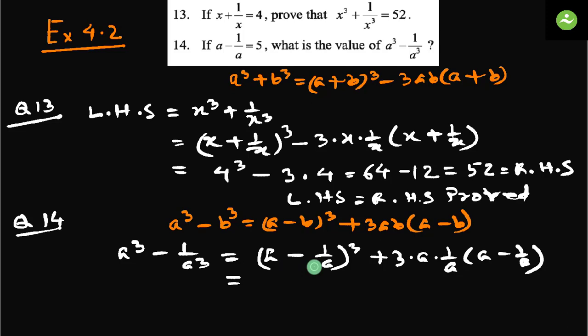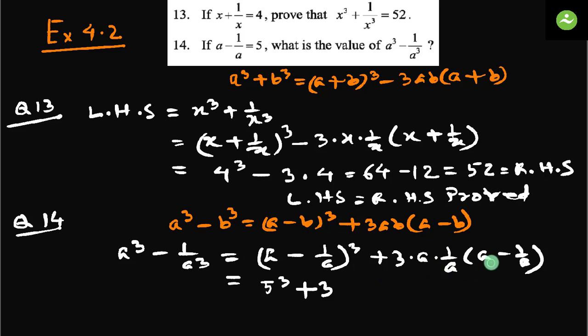now a minus 1 by a whole cube minus 3a into 1 by a, we can put the value of a minus 1 by a here. So 5 cube plus 3a into 1 by a means 1.